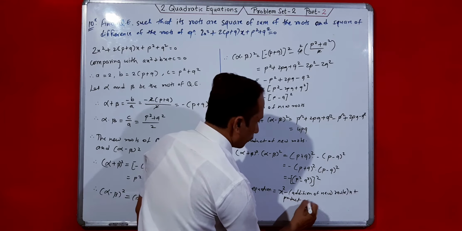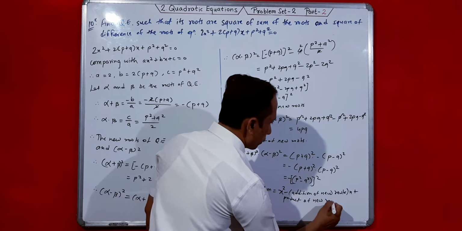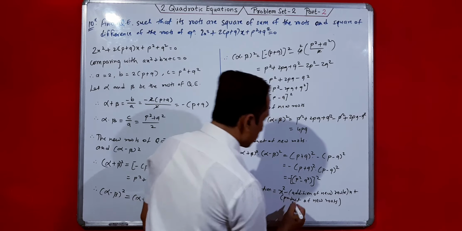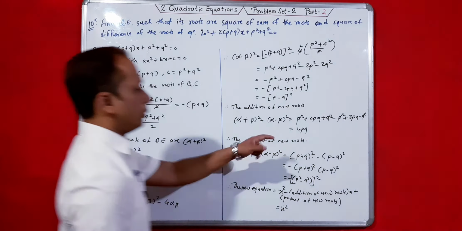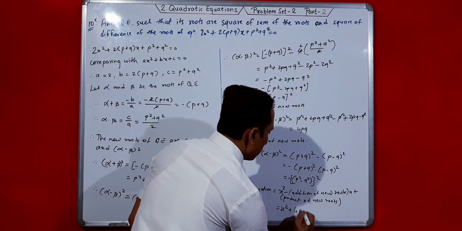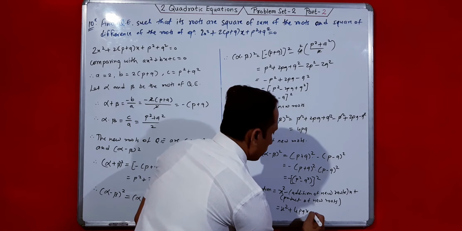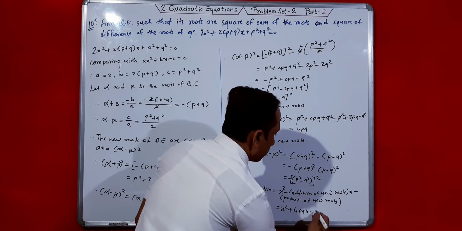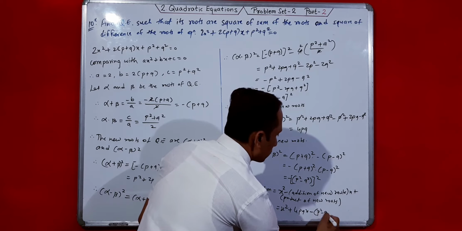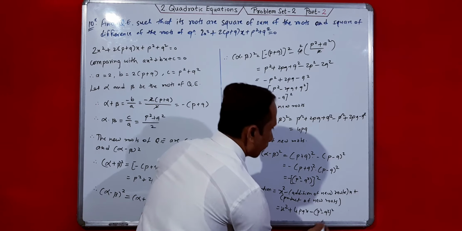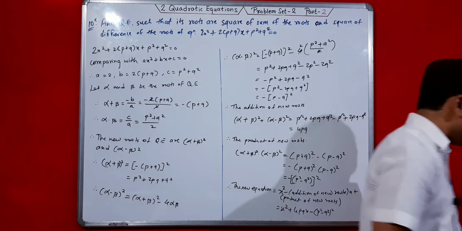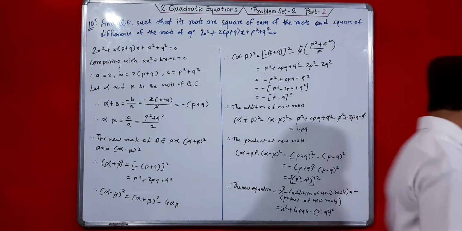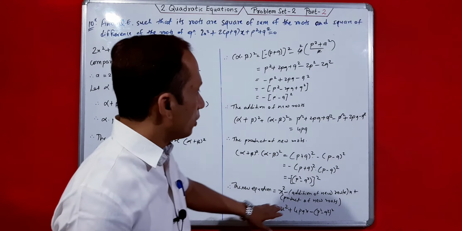This is the formula actually, and you have to use this. So now, what is the addition of new roots? 4pq plus 4pq into x, and the product is minus (p square minus q square) bracket square. I think this is okay, right? Once again I'm rechecking that it is correct. So this is the formula.